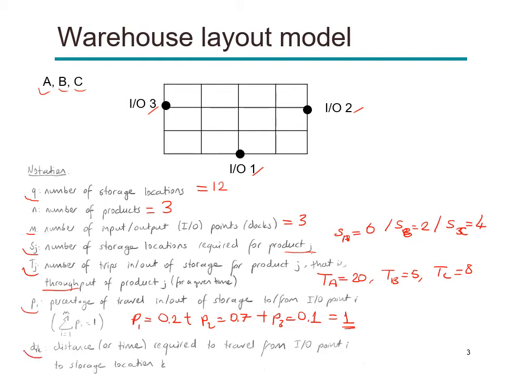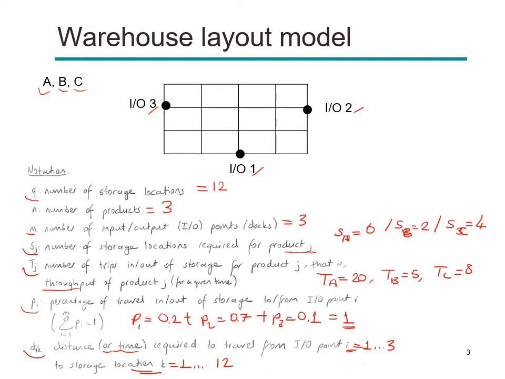And we also have this dik, which is the distance, or sometimes it is not the distance but the time required to travel from input output point i to storage location k. So we have how many storage locations? 1 up to 12 storage locations. And how many input output points in this example? 1 up to 3.